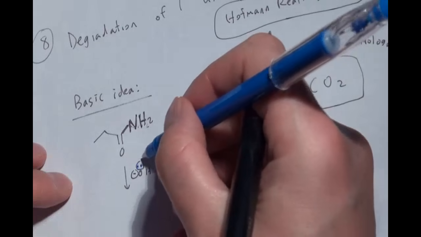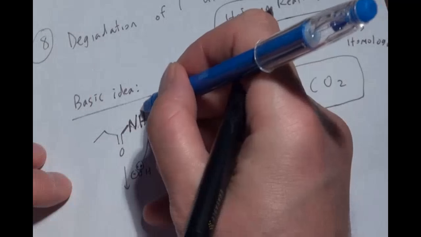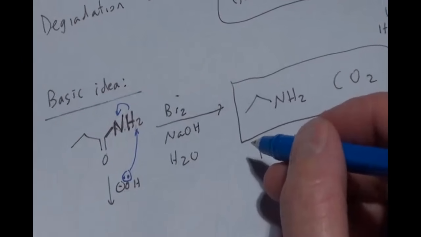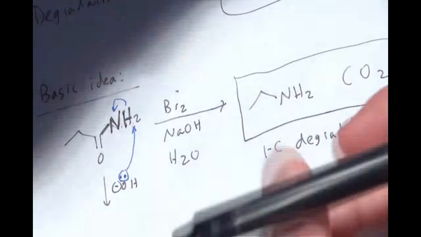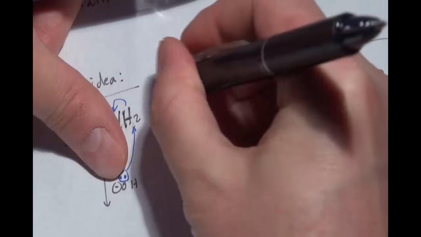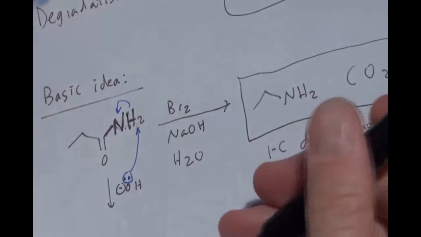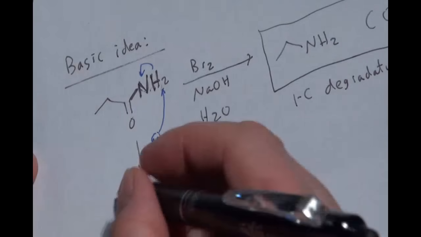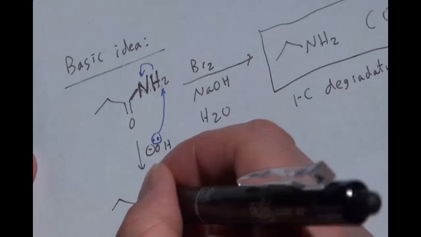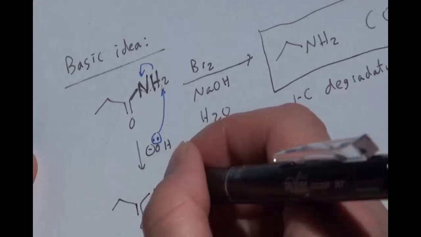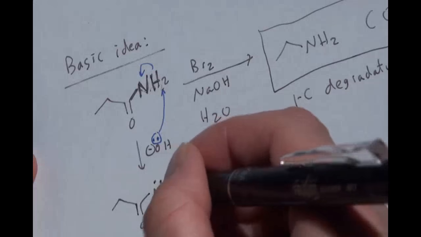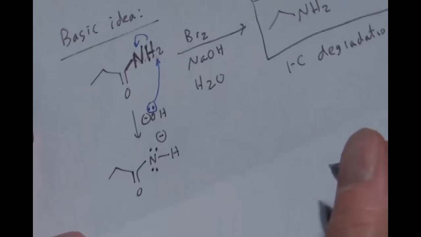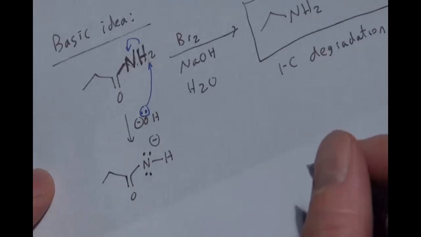So we're going to grab a proton and push electrons onto nitrogen. Now we've taken a proton off, and we have a negatively charged nitrogen.